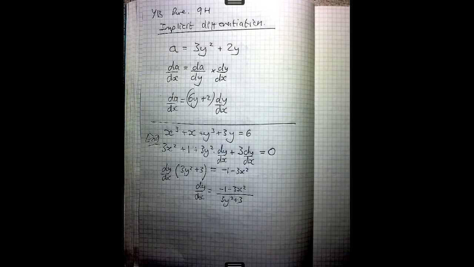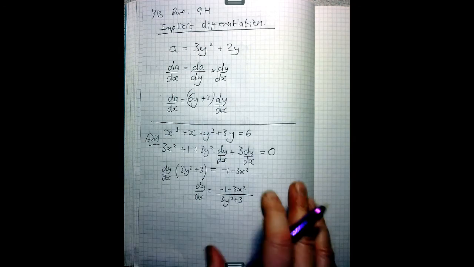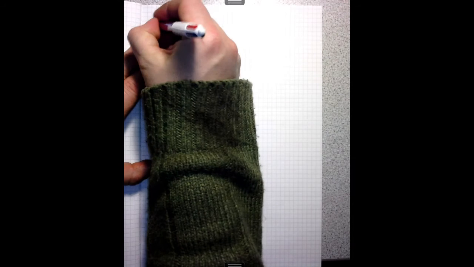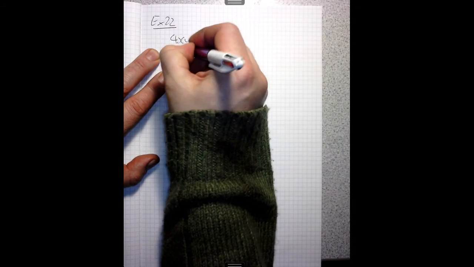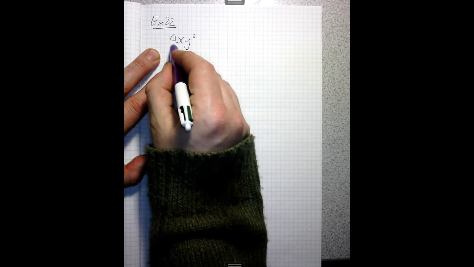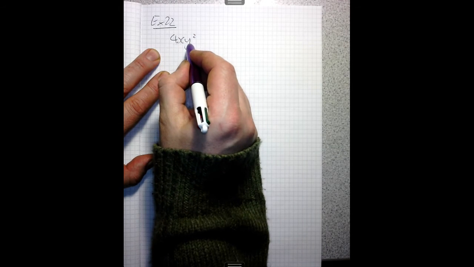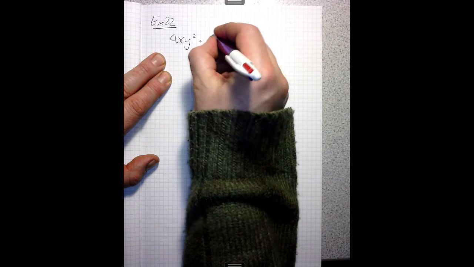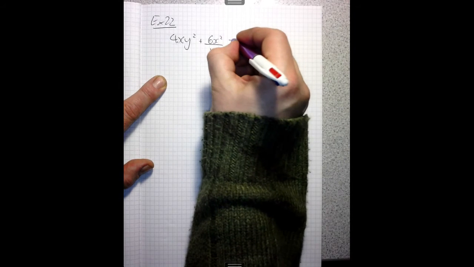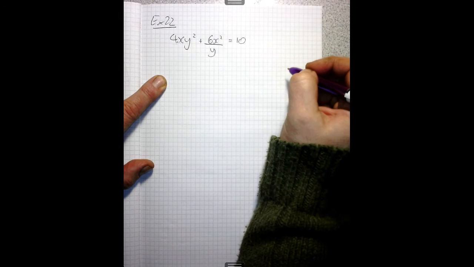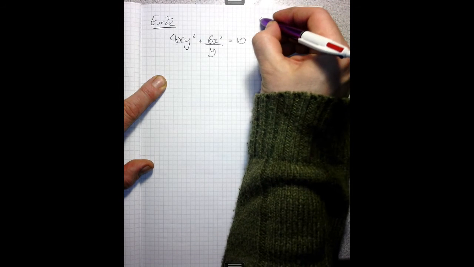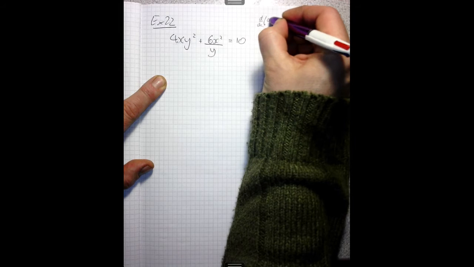Example 22, same deal, except there's a product rule and a quotient rule involved. So example 22. 4x, so this is a product, the product of 4x and y squared, so I'm going to use the product rule for this term. There's a quotient, I'm going to use the quotient rule for this term. Okay, so let's just differentiate 4xy squared.